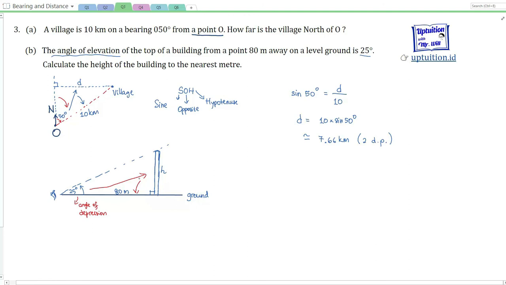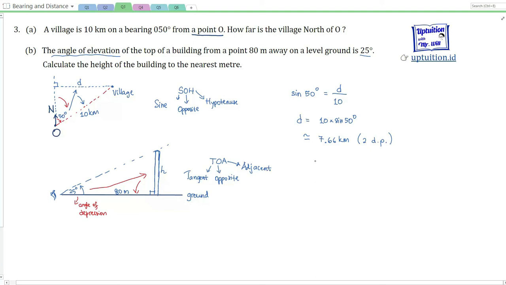If you use the formula, you know that we have to use tan, so it's TOA. The tangent of an angle is just the opposite over the adjacent.